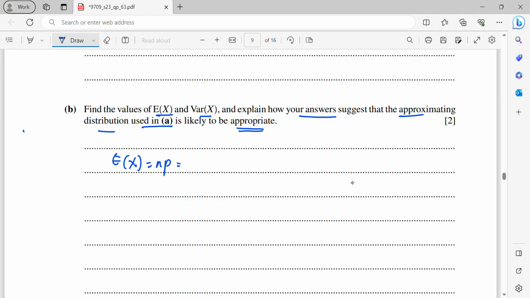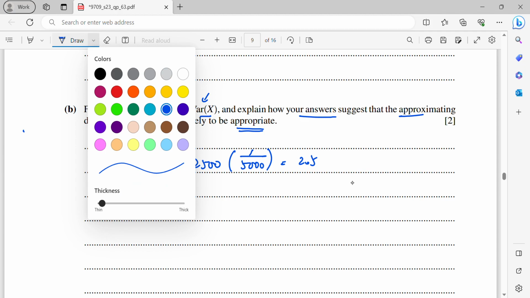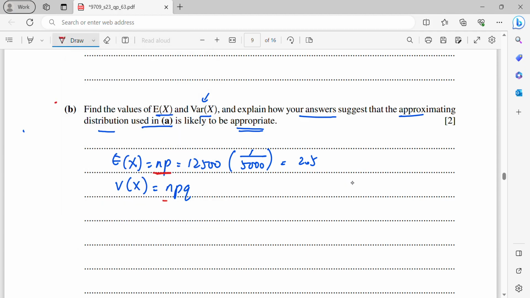So we have counted just now: 12,500 times 1 over 5,000, which is 2.5. Okay, then my Var(X). The variance for the binomial is basically NPQ. Since the NP is already found, I will just replace it by 2.5.